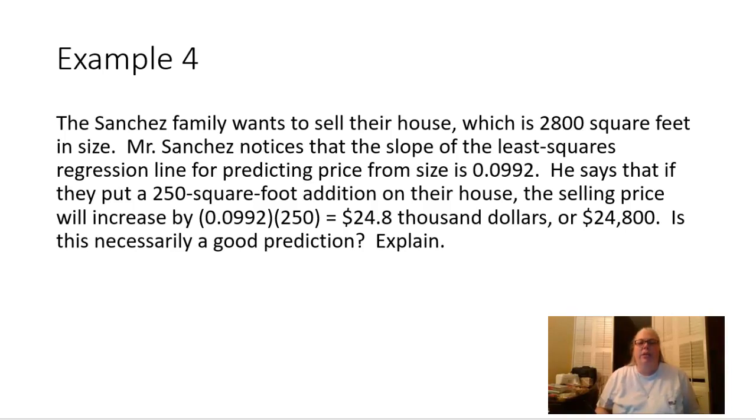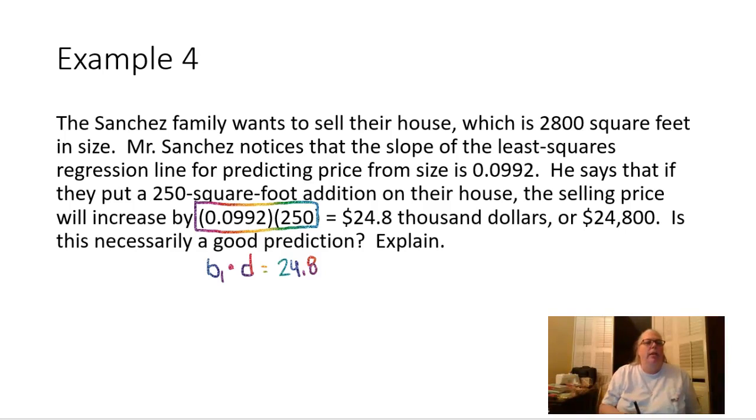Is this necessarily a good prediction? And we're supposed to explain this. Notice what he's doing right here. He's taken the slope and he's multiplying it by the difference to get that 24.8.